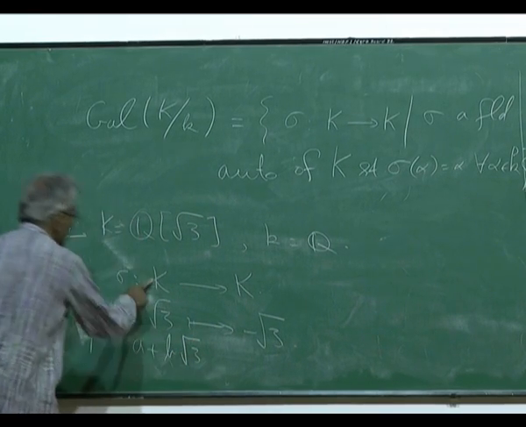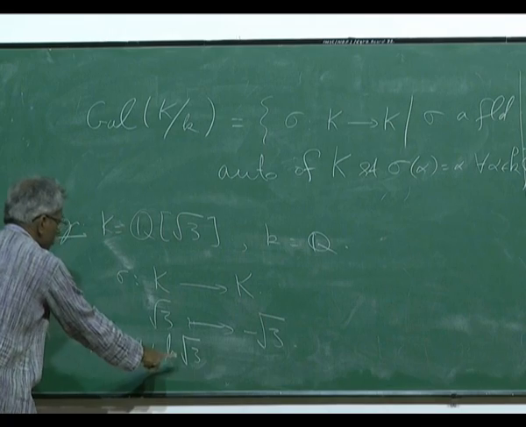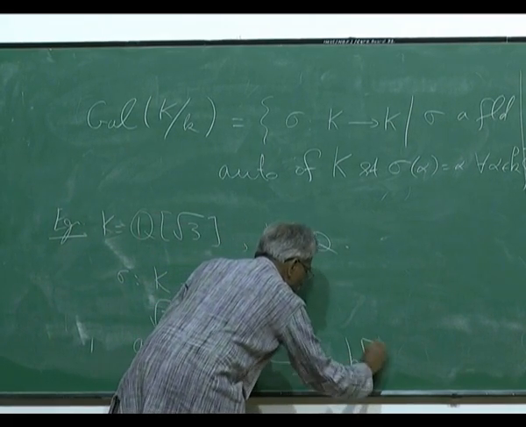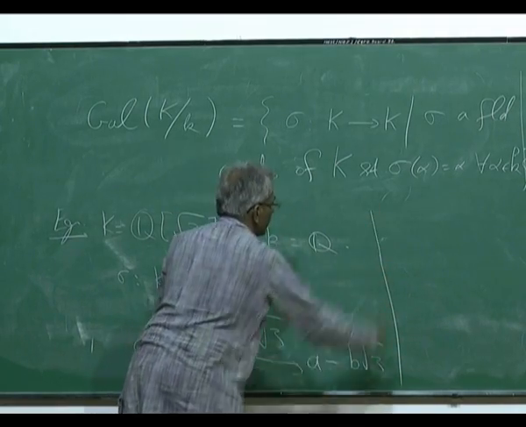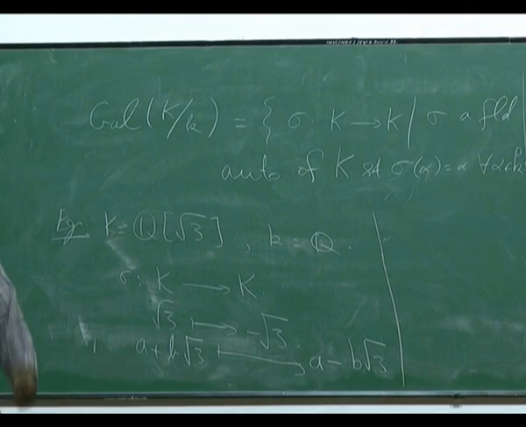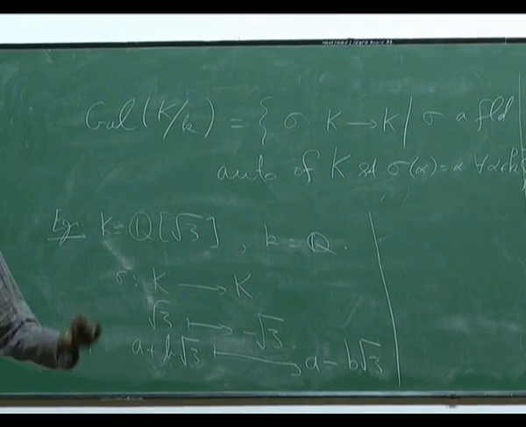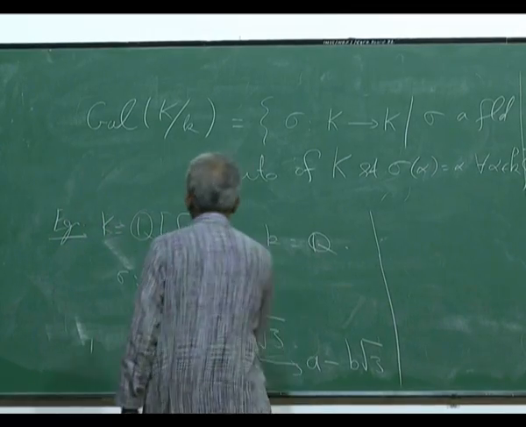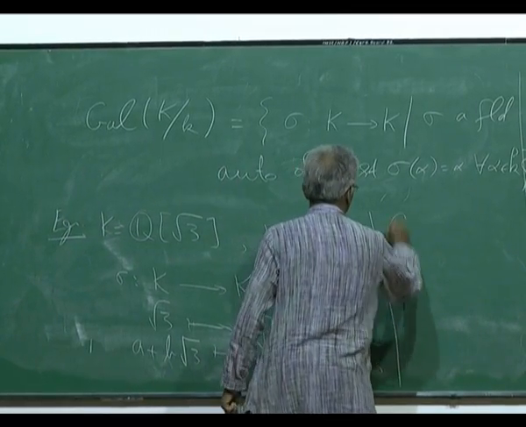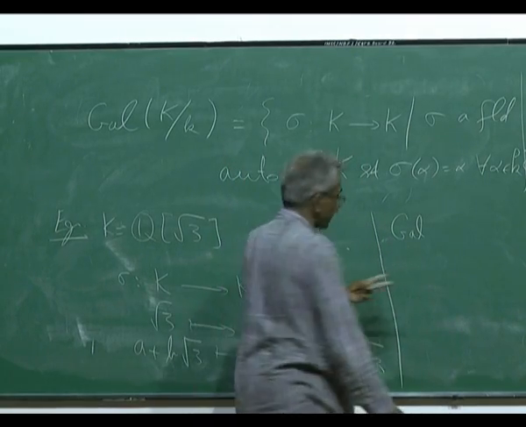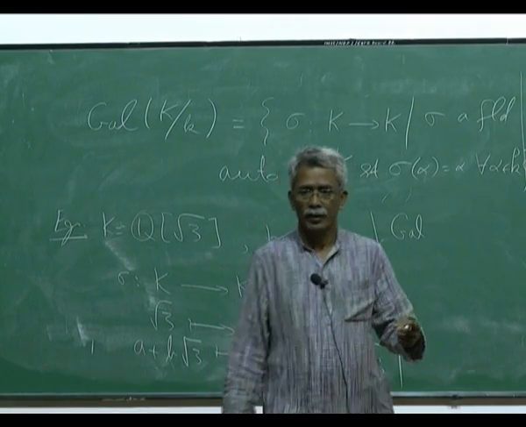Any element of this will be of the form a plus b root 3. I am sending this to a minus b root 3. This is an automorphism of the field. You can explicitly check that. Once you write down the automorphism, it is easy to check. So, the Galois group contains at least 2 elements.